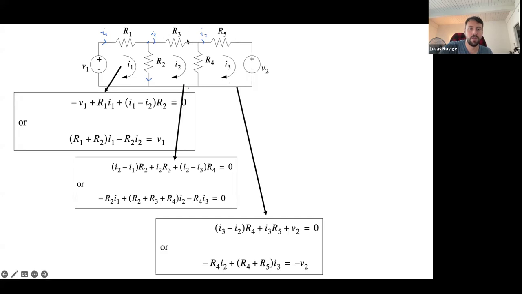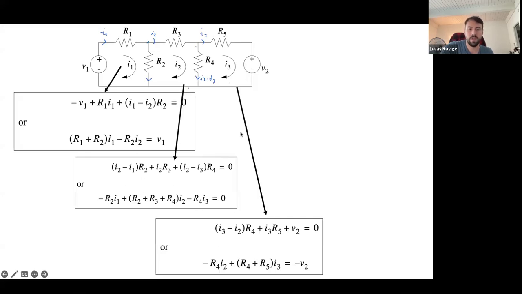This is I2 minus I3 in that one, which goes through this resistor. So that gives us a second equation.